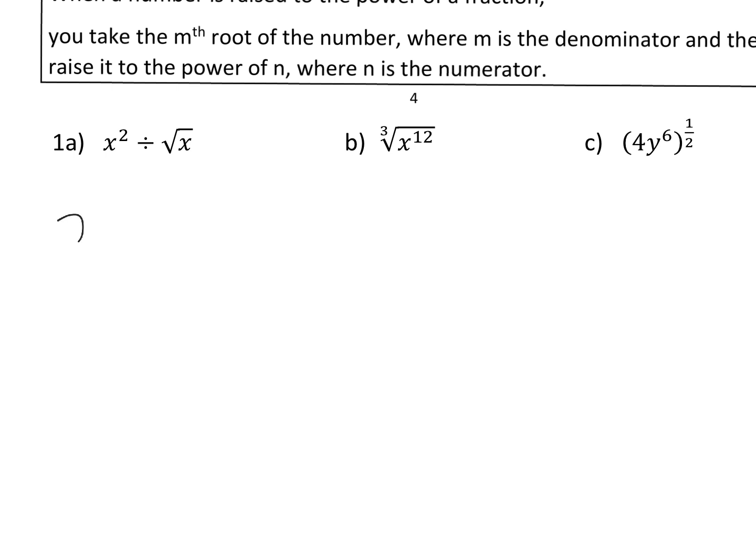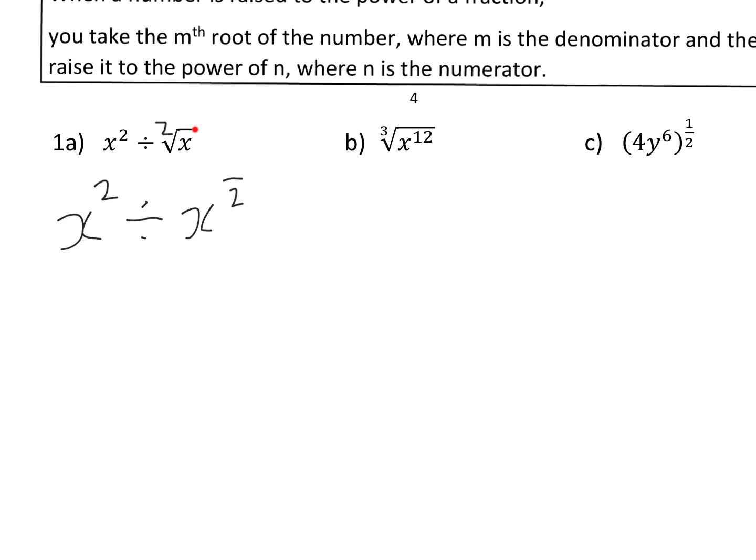So let's apply these to question number 1. We've got x squared, and we're going to divide that by root x. We need it all in index form to simplify it. Root x is the square root of x. So roots are fractional powers in index form, where the root is the denominator, so that will be 2.